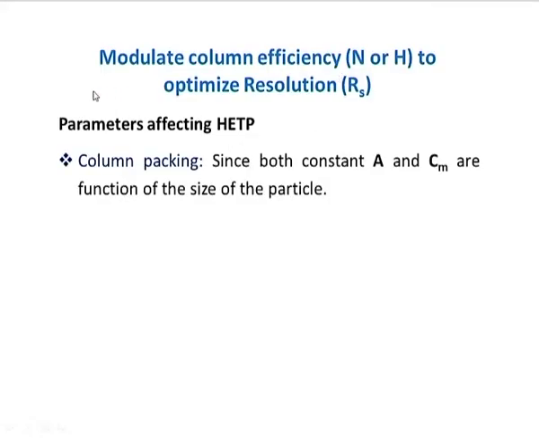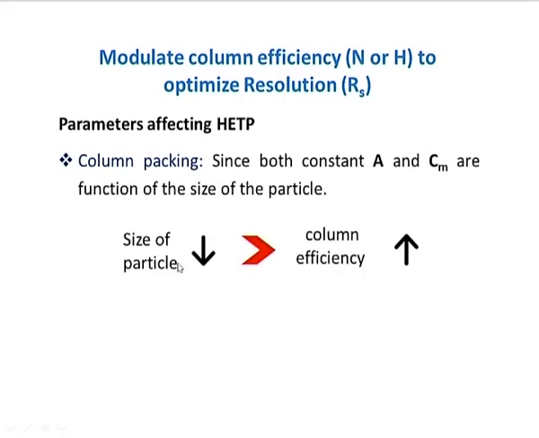That is about your mobile phase, right? So, can you do something to the stationary phase also? Yes, we can, and that also we saw in some of the previous lectures. The way we modulate column efficiency by changing plate height is by modulating stationary phases through changing column packing. We know that both the constants A and Cm, A standing for multiple paths and Cm for mass transfer in the mobile phase, are functions of the size of the particle.